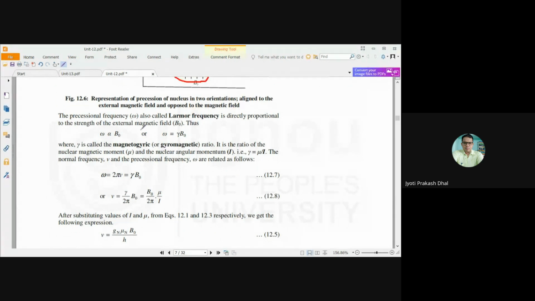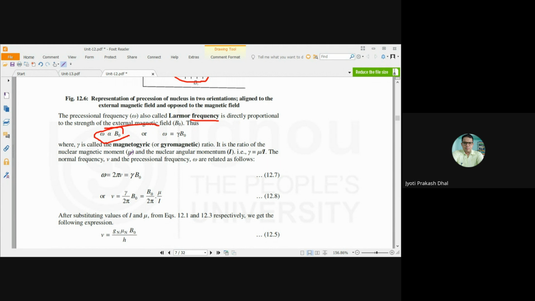The precessional frequency omega is called the Larmor frequency, and it is directly proportional to the strength of the external magnetic field B0. That is, omega is directly proportional to B0, or omega equals some constant gamma times B0. Here gamma is called the magnetogyric or gyromagnetic ratio.